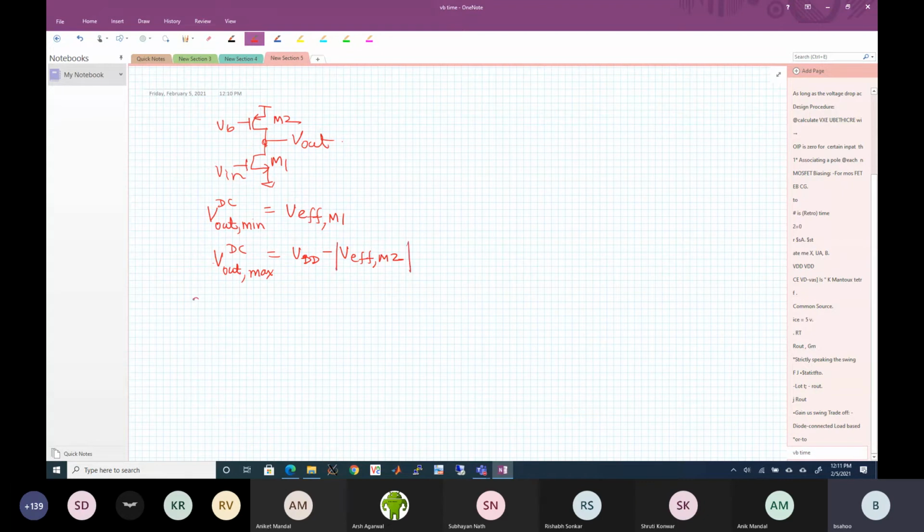So swing equal to VDD minus V effective M1 minus V effective M2.